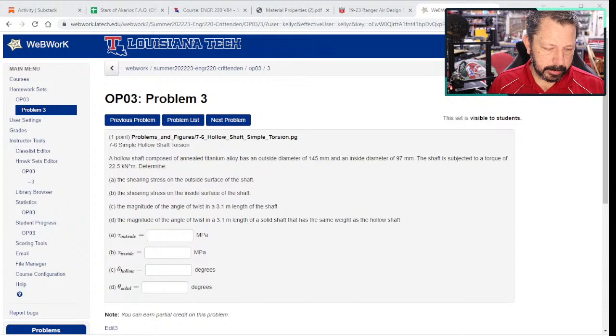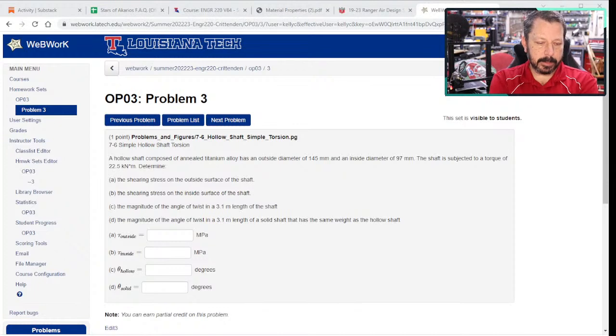We're going to figure out shear stress on the inside and outside, magnitude of angle of twist, and part D is interesting: the magnitude of the angle of twist in a same length section that has the same weight as the hollow one. So we take the hollow mass, shrink it down to a solid, and figure out what that angle of twist would be.